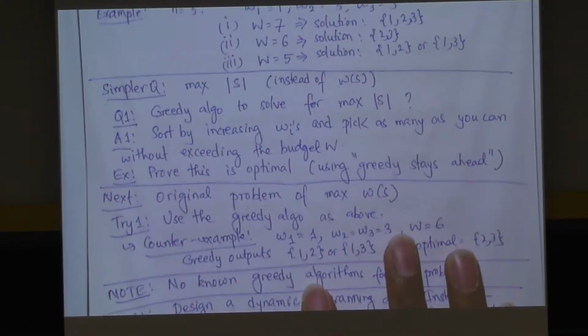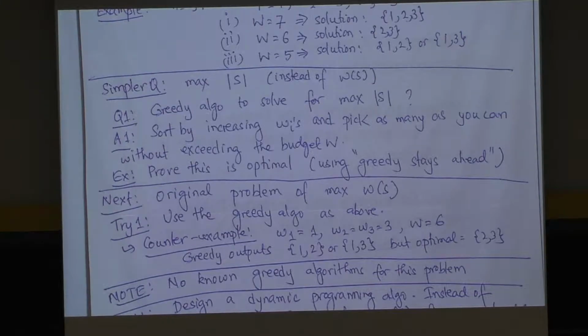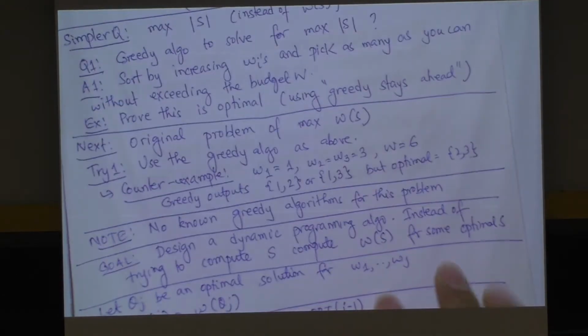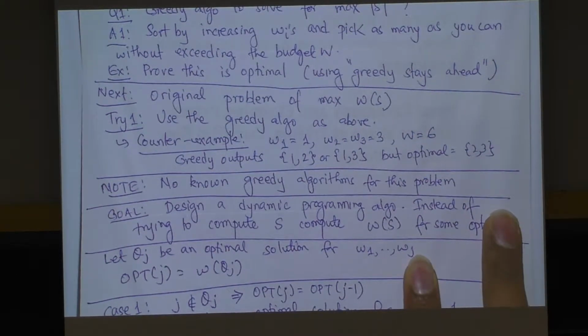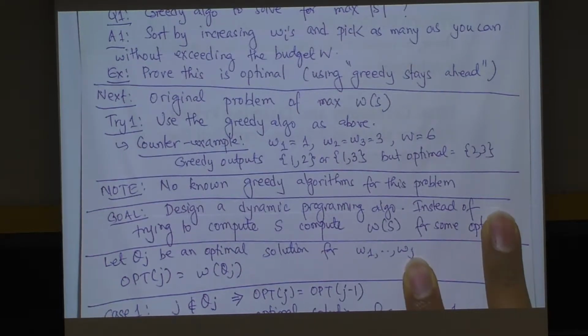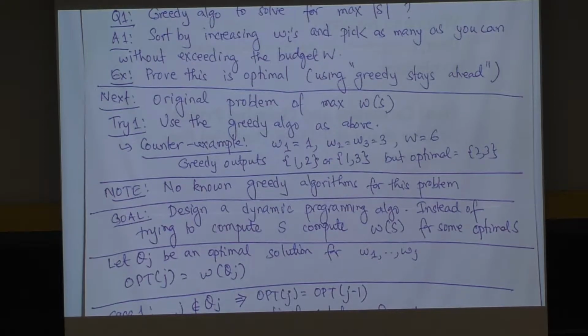So when I'm defining O of J to be an optimal solution for W1 to Wj, I'm just completely ignoring the budget altogether, right? So in some sense, I'm not looking at a sub-problem of the original problem, because I'm not keeping track of budget. So when we are trying to design the sub-problems, we also need to keep track of how the budget changes, right?